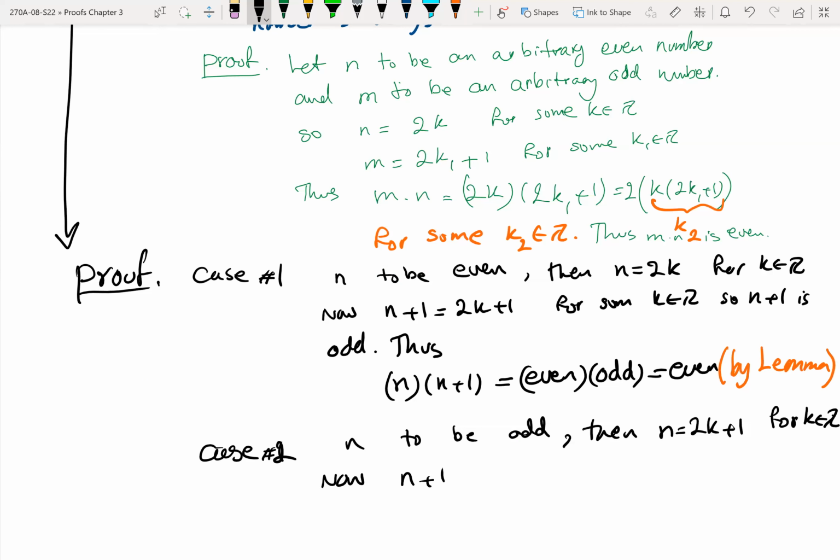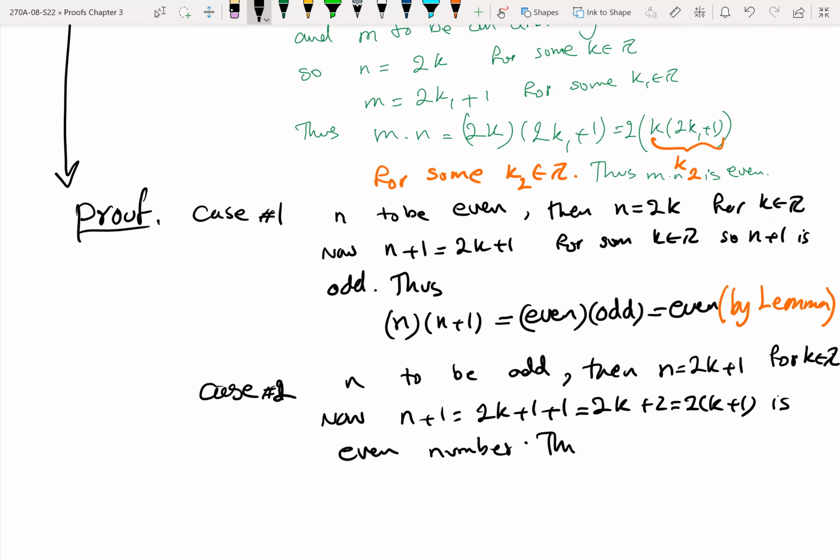If you add one more, then the next number is going to be 2k plus 2, which is an even number. So the product of these two consecutive integers is going to be one odd first, one even next, equals even.